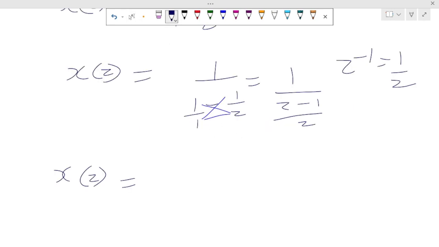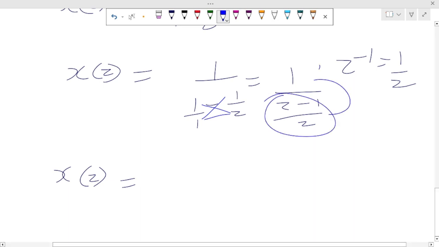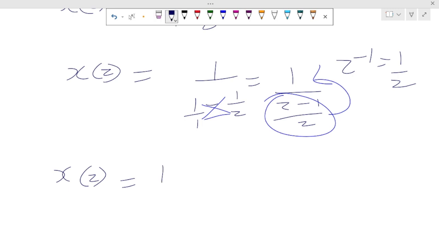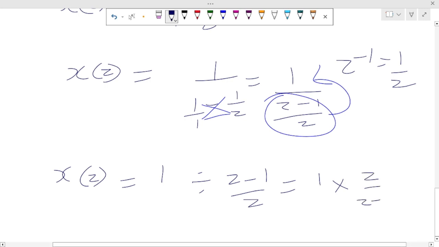So now we can actually just bring this part out. Okay, this whole thing is dividing this guy, right? So that's just like saying 1 is being divided by z minus 1 over z. Is that not so? Which is 1 times z, if you change this division to multiplication.